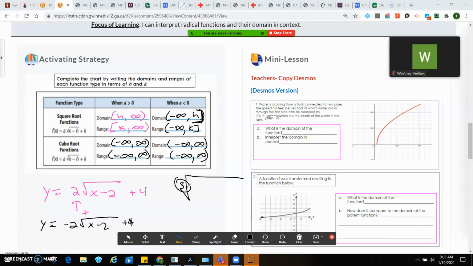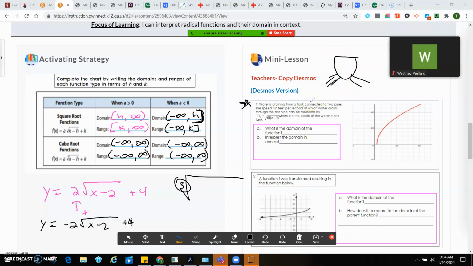All right. So after you've gotten that copied down, I want you to go ahead and take a moment and look at this question over here. It says the water is draining from a tank connected to 2 pipes. Okay, so I'm a visual person, so I always like to draw this stuff out. So I got a tank and it's connected to 2 pipes.